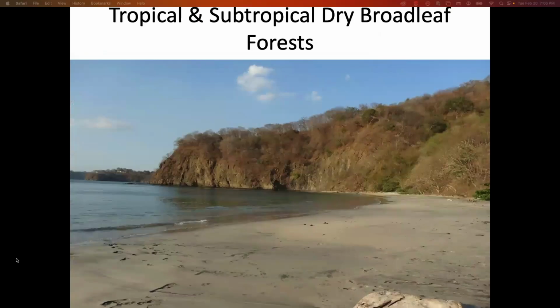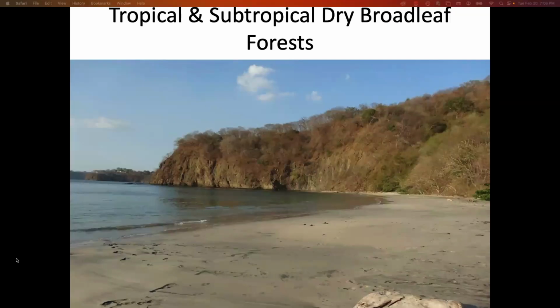Tropical and subtropical dry broadleaf forests. These are forests in places like on the west coast of Costa Rica or the west coast of Mexico, where it's tropical, so you don't have cold temperatures, but the forest here drop their leaves every year. We drop our leaves every year because of winter dormancy, right?